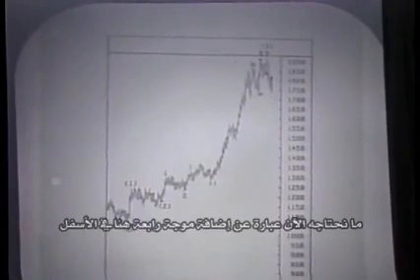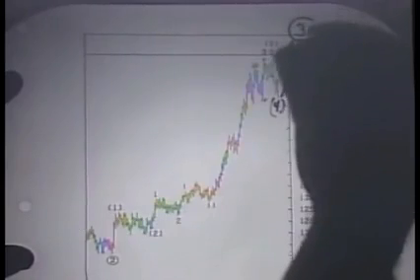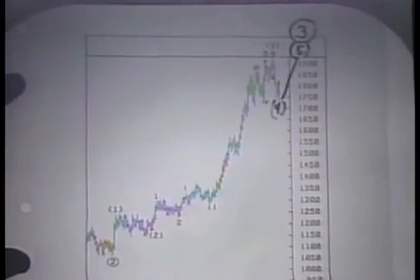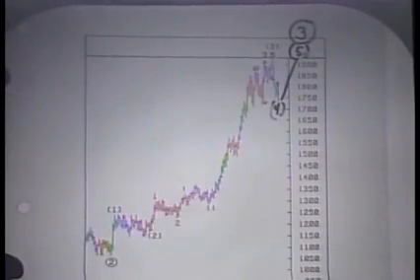I'm sure many of you are familiar with this picture. What we need to do, add an intermediate wave 4 down here, and then come up here just over 1900 again, and add an intermediate wave 5, completing primary wave 3. We did that, and then the market proceeded to do that, so that worked out real well.